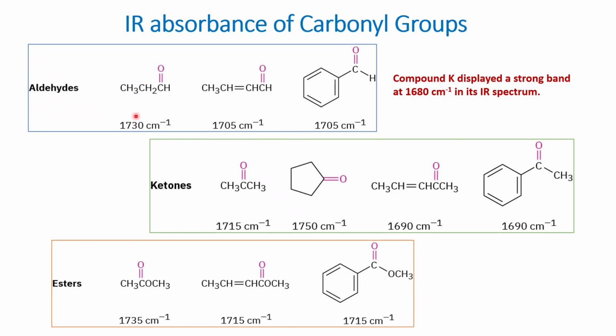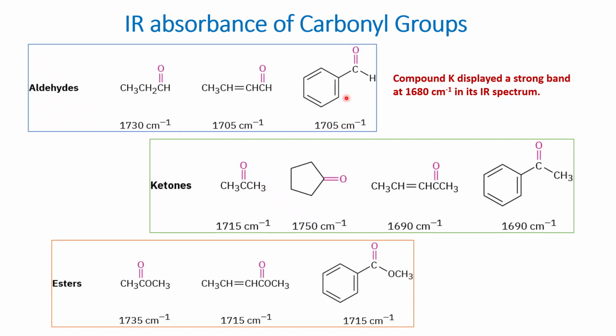So first we have to rule out the possibility of whether the compound is an aldehyde, ketone or an ester. For that, let us see the characteristic absorbance values at which we will see the peaks for the aldehyde. So aldehydes are usually seen at 1730, and based on the conjugated groups that are present along with the carbonyl group, the values decrease. It is the same for all the other categories. Whenever there is a conjugated alpha beta unsaturated ketone or an aldehyde, you will see the absorbance value decrease.